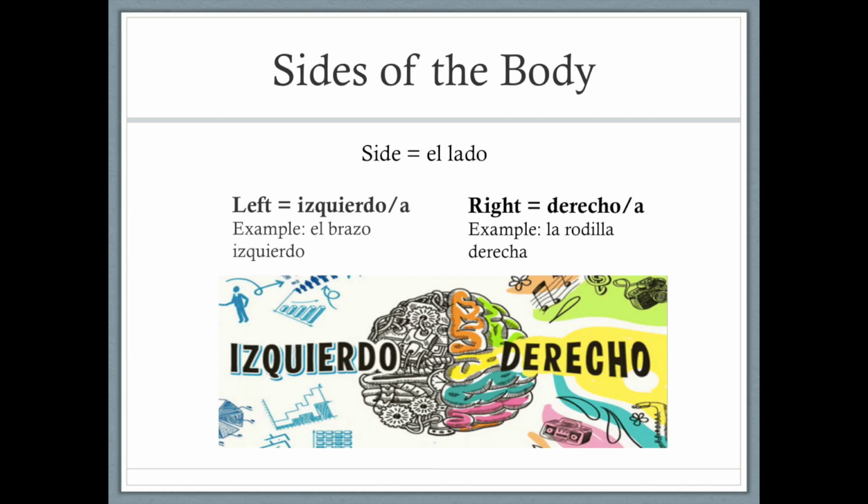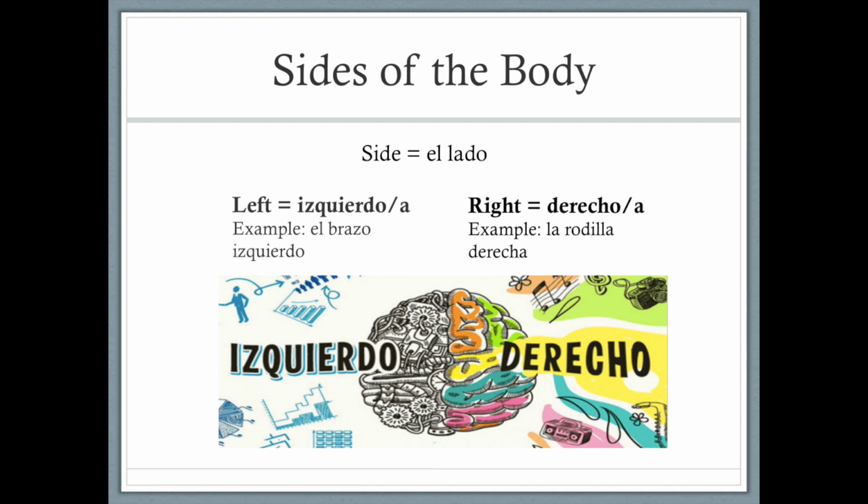The sides of the body are los lados, and one side is el lado. The left side is izquierdo, and this can change to be feminine, which would be izquierda. The right side is derecho, and this can also change to the feminine form derecha.